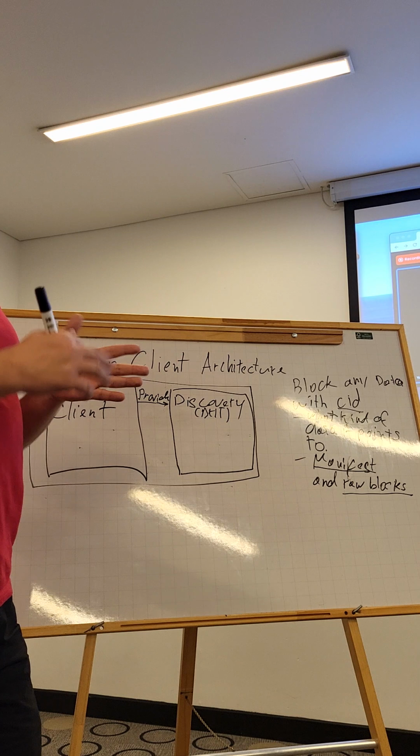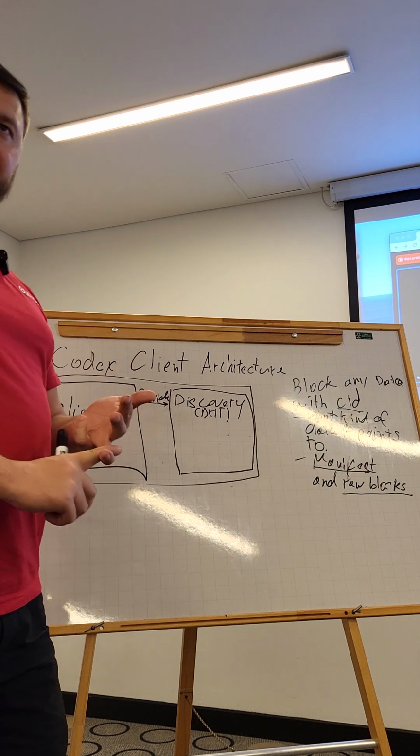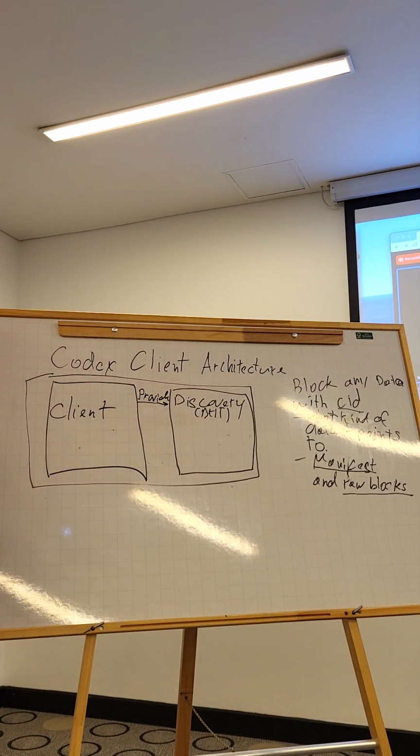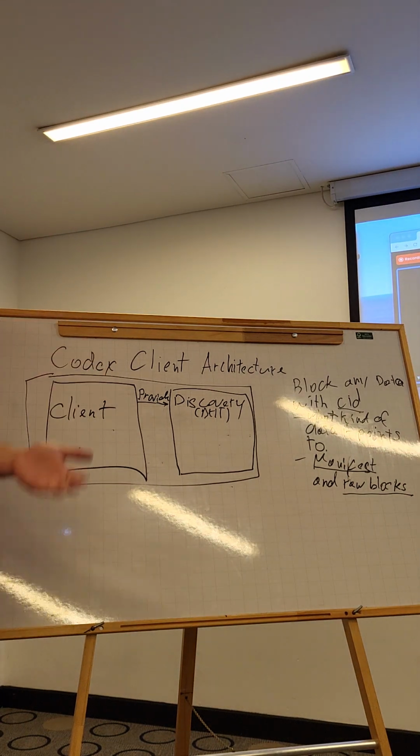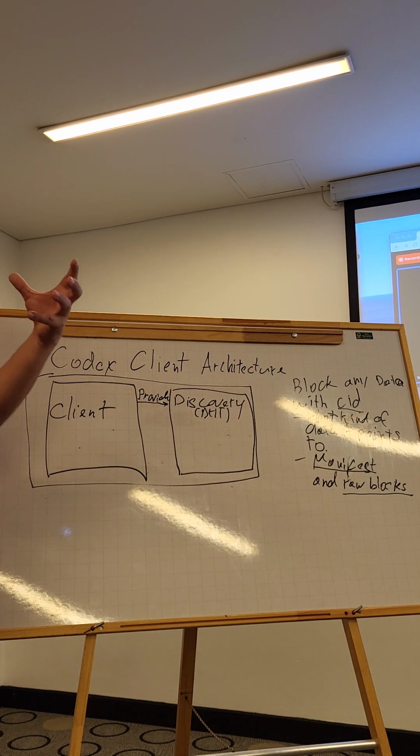The CID has the type of data it stores, the type of hash that was used to hash that data, and the actual hash of the data. So when we look at the CID, we can tell whether we're looking at the hash for a manifest file or a raw block of data. In reality, it could be extended to point to any sort of data, and I'll talk about it in a little bit.